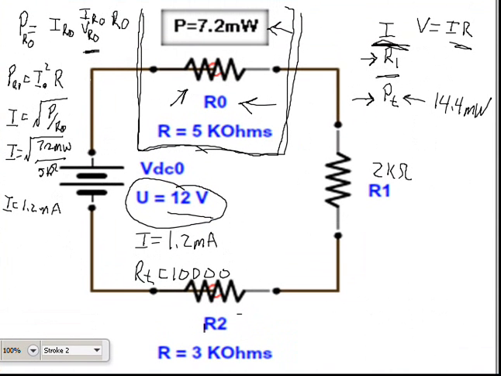Taking what is given us, where the most information is, and then using our Ohm's law and the power equation, which allowed us to calculate current without any knowledge of what the voltage drop was.